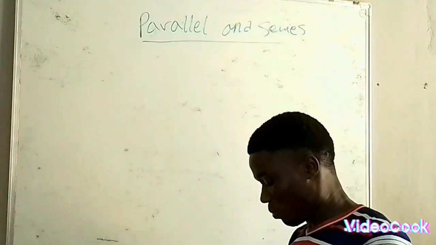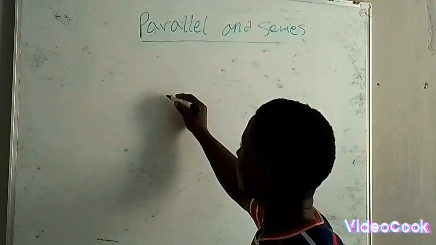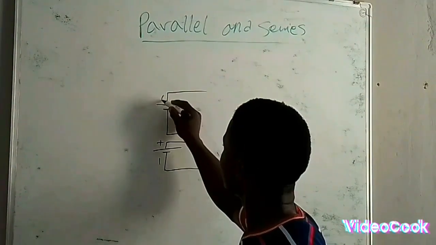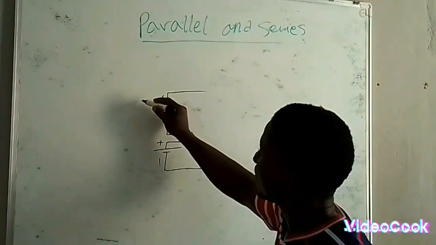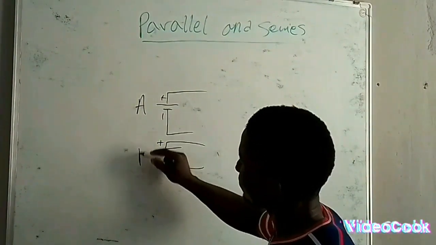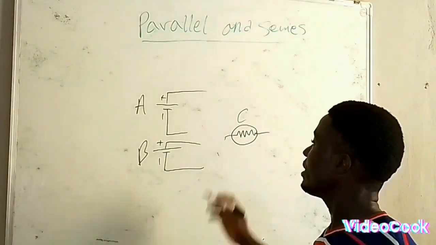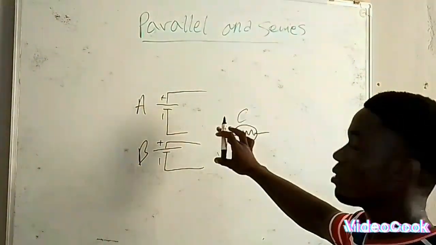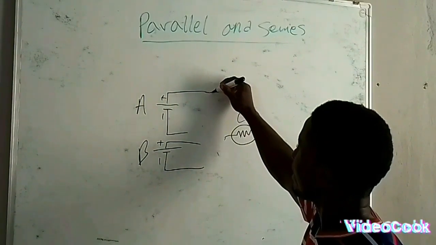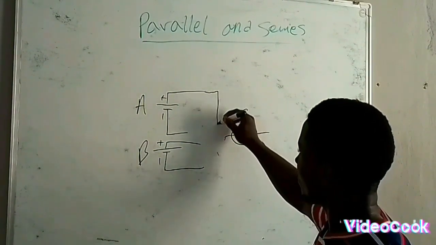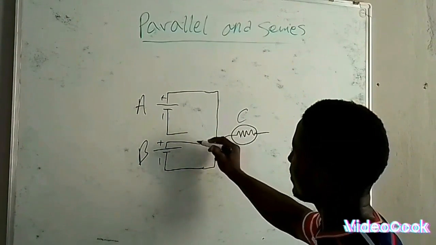Example, let's say we have battery A and battery B. The moment at which series connection is being established in this circuit is when energy is being transferred from battery A through battery B before it gets to the load.